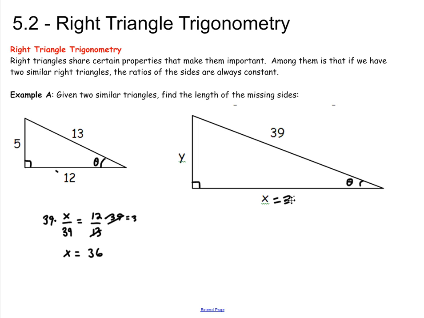And we can pull off the same trick with our opposite side right here from the angle. If we say that y, the length of the opposite side over its hypotenuse 39, is set equal to the similar triangles ratio that we already know, the length of its opposite side, 5, divided by its hypotenuse, 13. Since these two ratios must be the same for these two similar triangles, just like we did before, multiply both sides by 39.